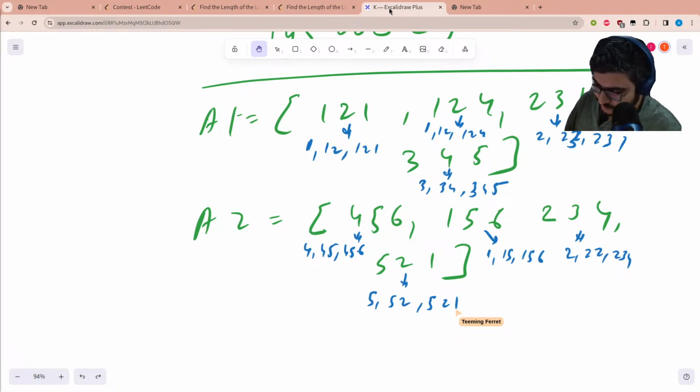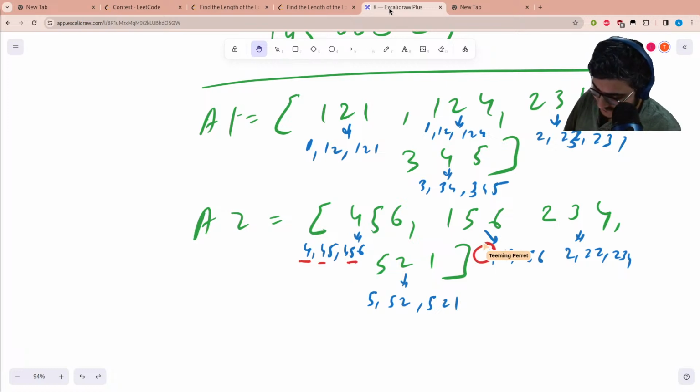And now when you know all the prefixes over here, you have to find which number appears in both of these lists. For example, 4 does not appear over here anywhere. 45 and 456 also do not appear.